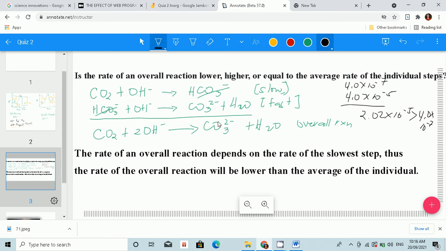So we can say that our overall reaction depends on the rate of the slowest step. The rate of the slowest step is the rate of the overall reaction.